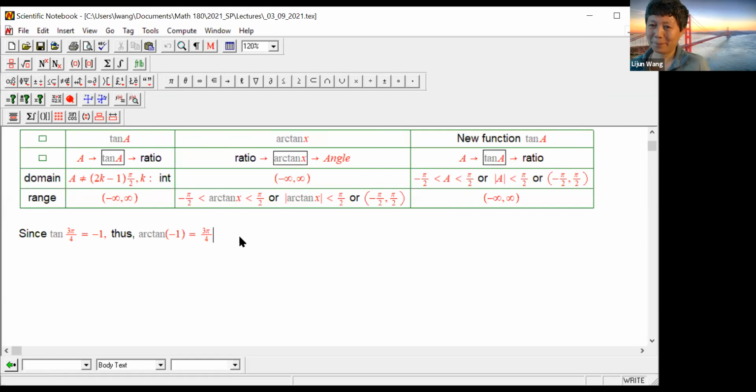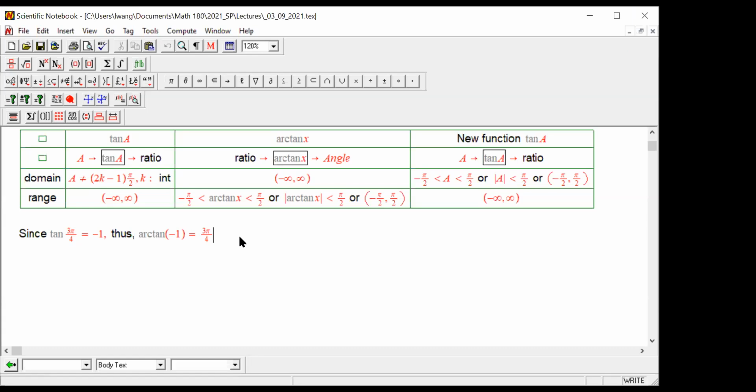What do you think? Why, Mikhail? Because that's in the second quadrant. Yes.